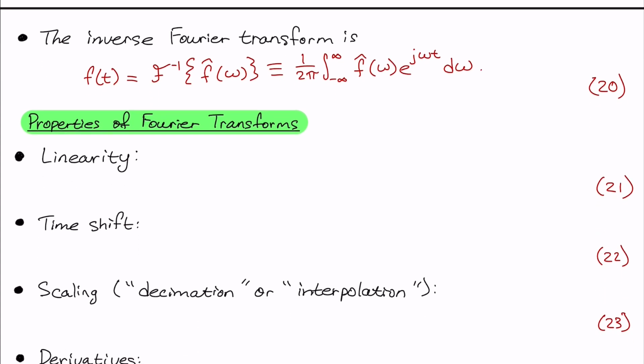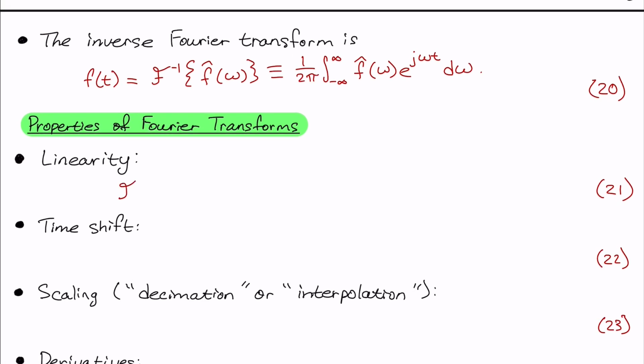All right, so first, the Fourier transform is linear. It obeys linearity, meaning that if we want to take the Fourier transform of the function alpha times f of t plus beta times g of t, we can pull out the constants alpha and beta, and then apply the Fourier transform separately to each of the two functions inside.